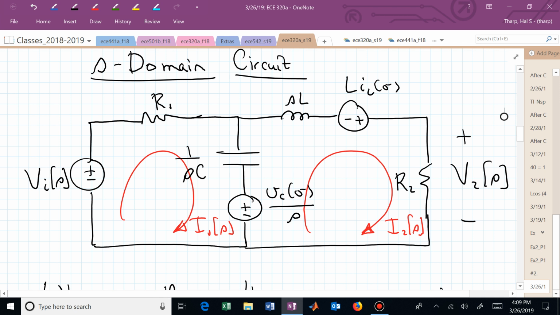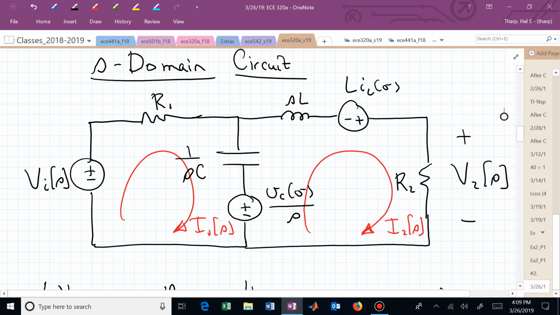So what we can do is look at this circuit and immediately put it into a matrix representation that gives us two equations and two unknowns. Since it's mesh currents, we're going to have some matrix times our unknown mesh currents, I1 and I2.